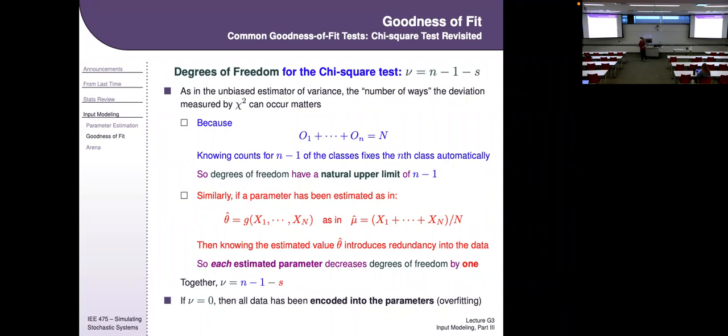Things get worse when you estimate parameters. Because if you estimate a parameter generically like this, so here's a parameter theta hat, estimated with some function of our data. Here it is specifically, if we're estimating the mean, the sample mean from our data, then it looks just like this here. So basically, once you know the mean, you've now fixed another degree of freedom.